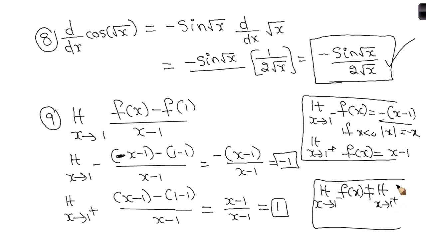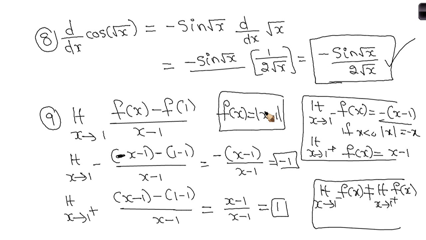So the given function f of x is equal to mod x minus 1 is not differentiable at x is equal to 1. The concept is so simple. If we can find its left hand limit and its right hand limit, and both of them are finite and equal, then definitely the limit exists, so the differentiation of this function should exist.